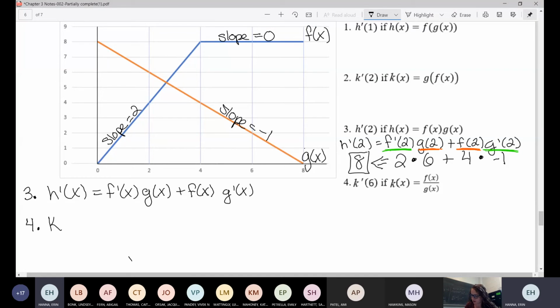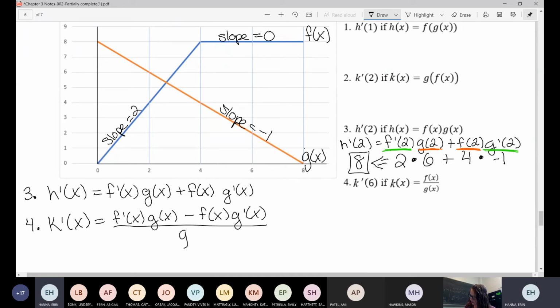So I want k prime of x, where our k of x is this quotient. So we essentially need to write out our quotient rule generically. That says the derivative of the first times the second minus the first times the derivative of the second, divided by the denominator all squared.